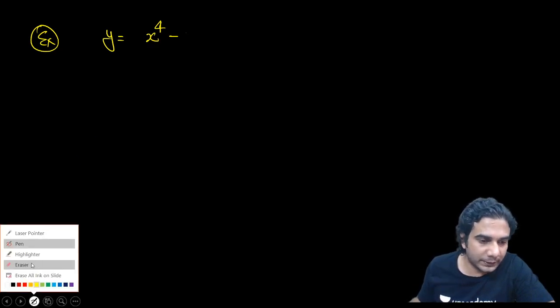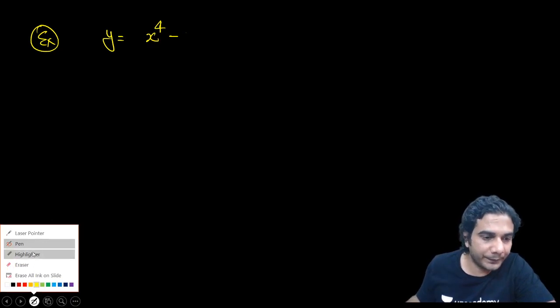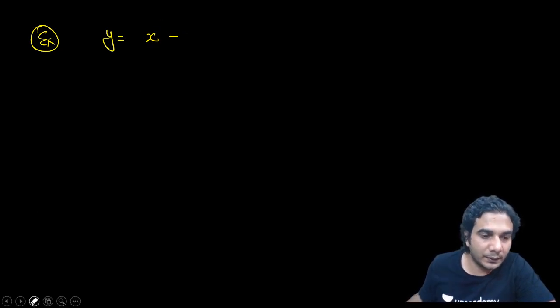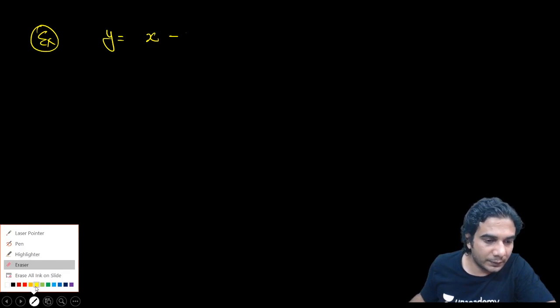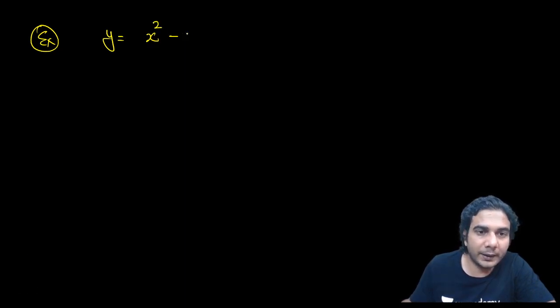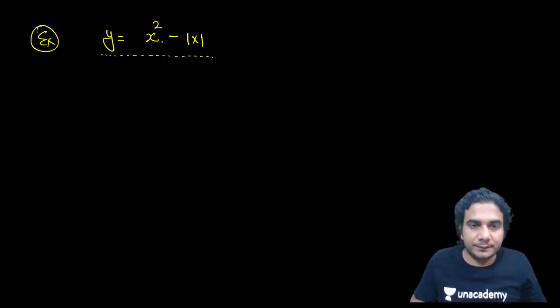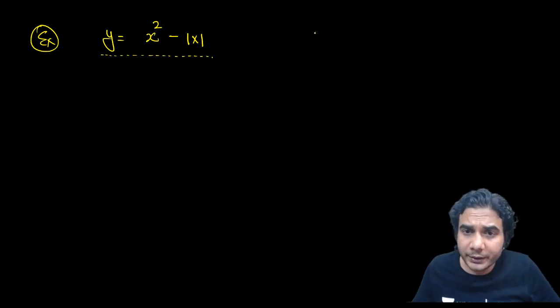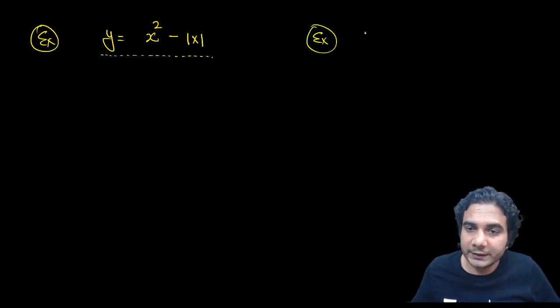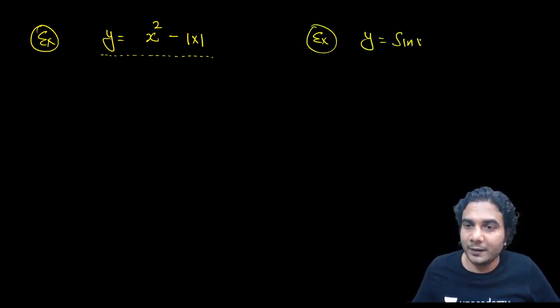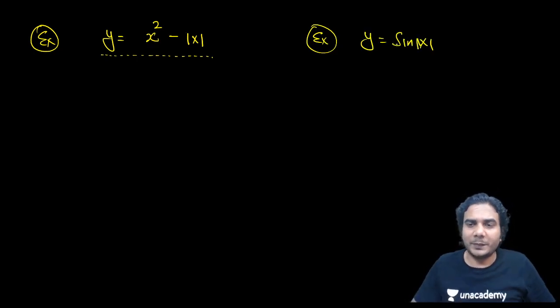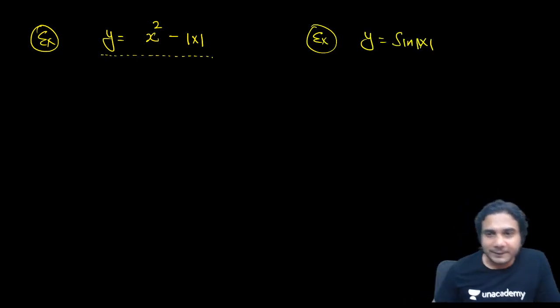First you plot this. I'll give this example later. X square minus mod of x, all right? You plot this first. So try this sum and then I'll give you the next example. Also try to plot this one, although it is very simple. Y is equal to sine of mod of x, all right? It's pretty simple. Let's plot it.